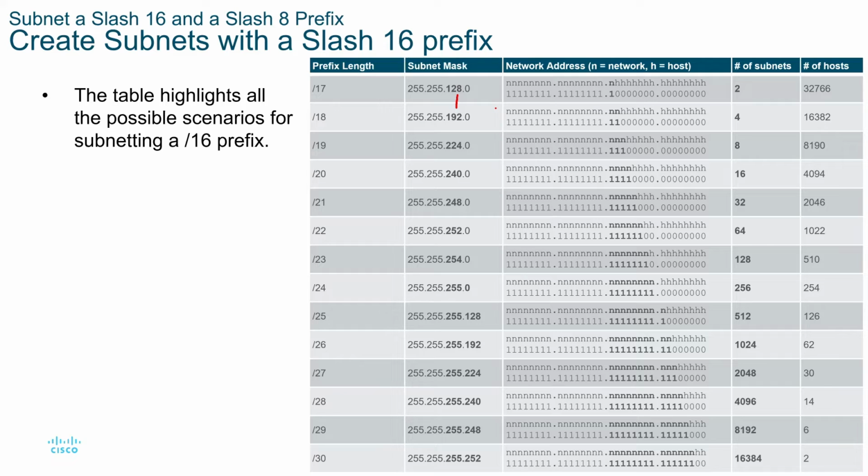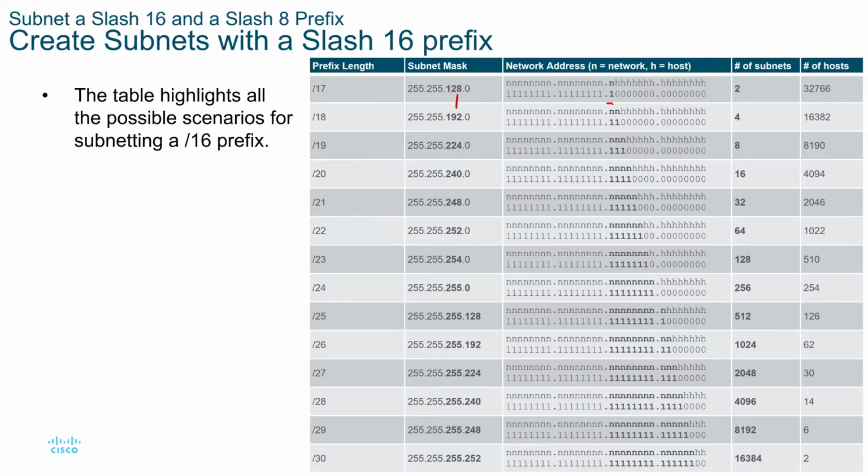And the subnet comes over to the network portion. So as you can see, with the 1, that would give us 128. And we could either have a 0 or a 1 borrowed in that bit. That gives us 2 subnets.